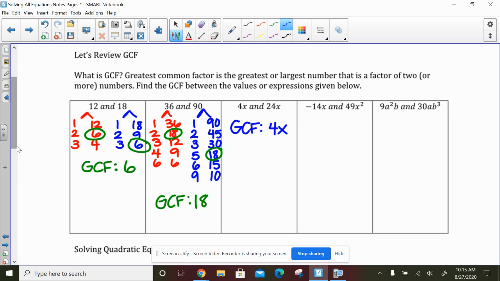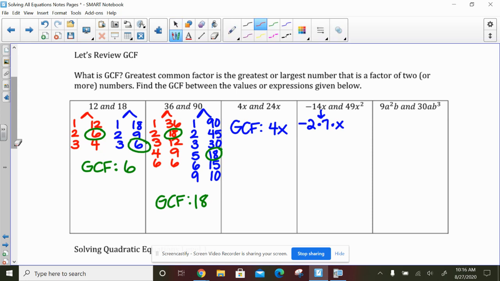Okay. All right, so negative 14x and 49x squared. Right. So here's another way that you can do. You can still do the factor tree sort of thing like we did on the first 2 examples, but for this one, I'm going to break it down into its prime numbers. So for negative 14x would be negative 2 times 7 times x. Okay.